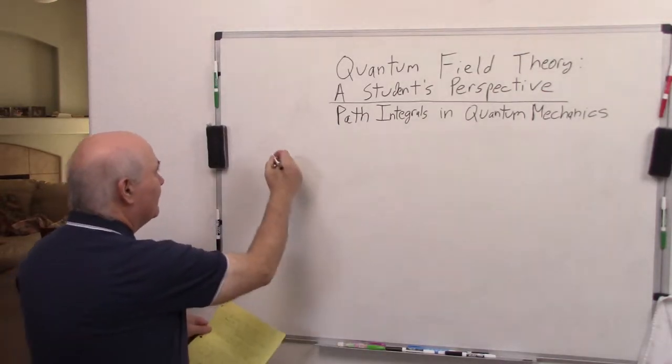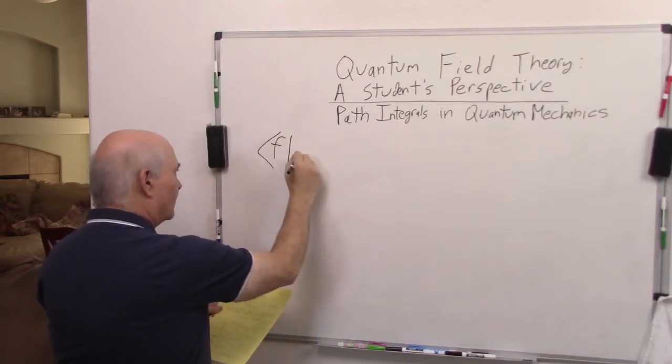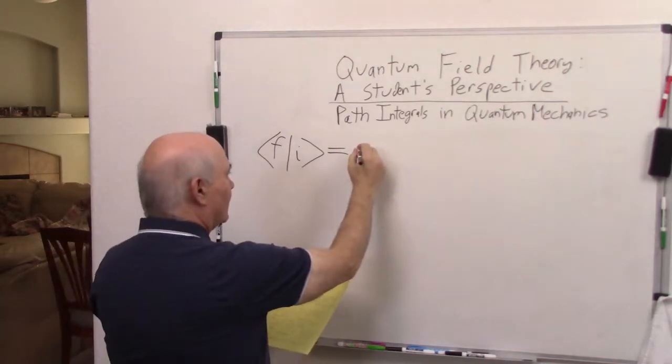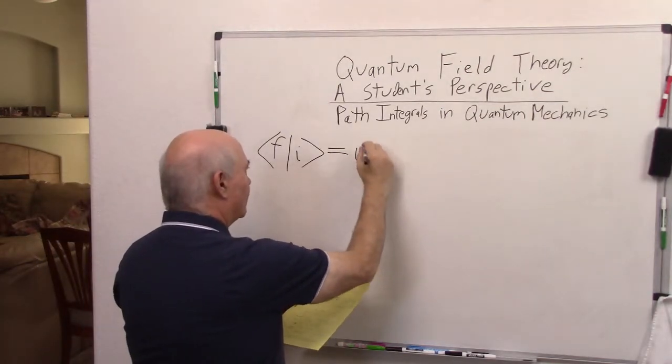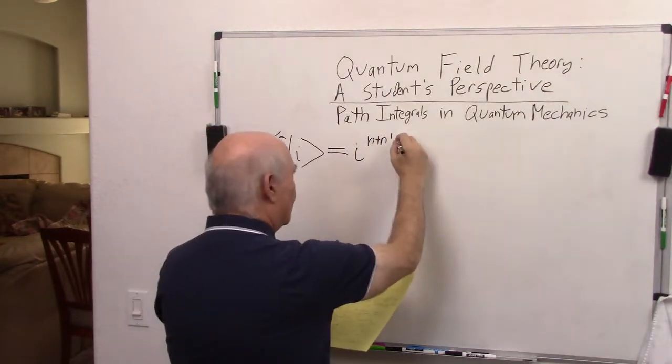And we start by remembering the LSZ reduction formula. This is like the most important formula in scattering and quantum field theory. And I'll just write it down briefly.